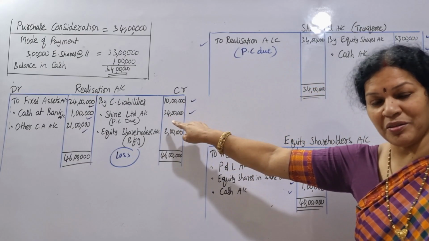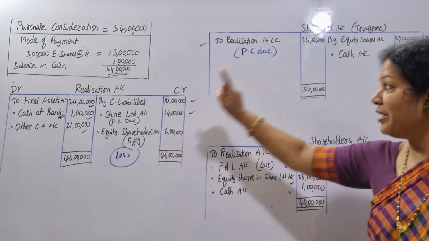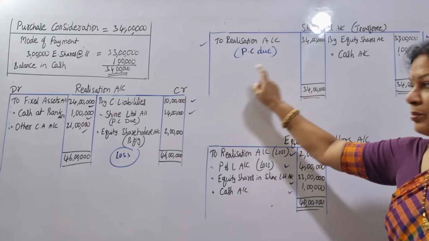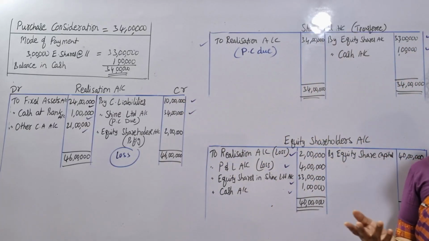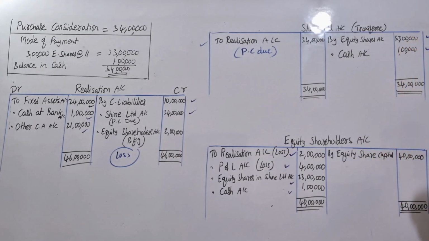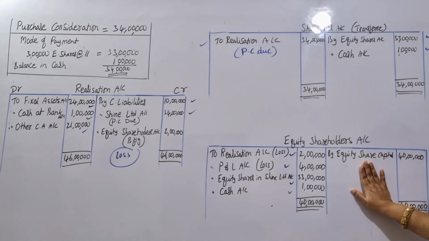Shine Limited we said already. So Shine is on the debit side, it comes credit to debit. Realization account 34 lakh. How is he making the payment? He is making a payment of 34 lakh: 33 lakh in shares and the rest in cash. Then the equity shareholders account. Very simple. Equity share capital we are writing on the credit side.